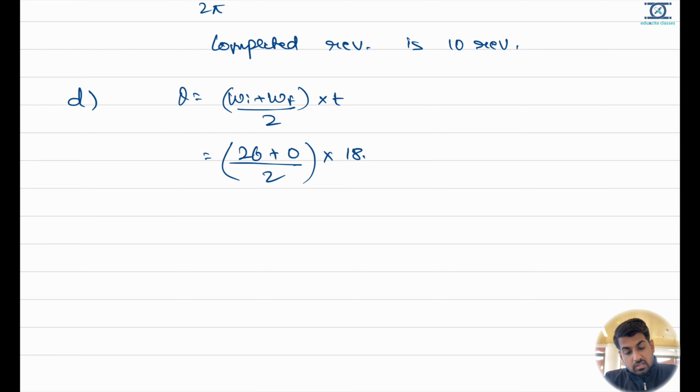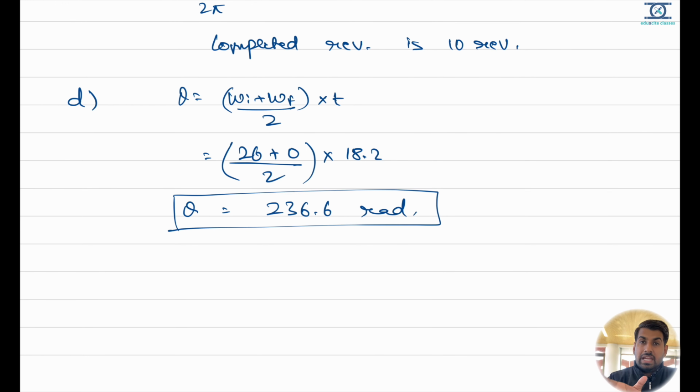If you solve for this, you will get something around 236.6 radian, my mistake. So this is the angle swept in 18.2 second, the total angle swept.